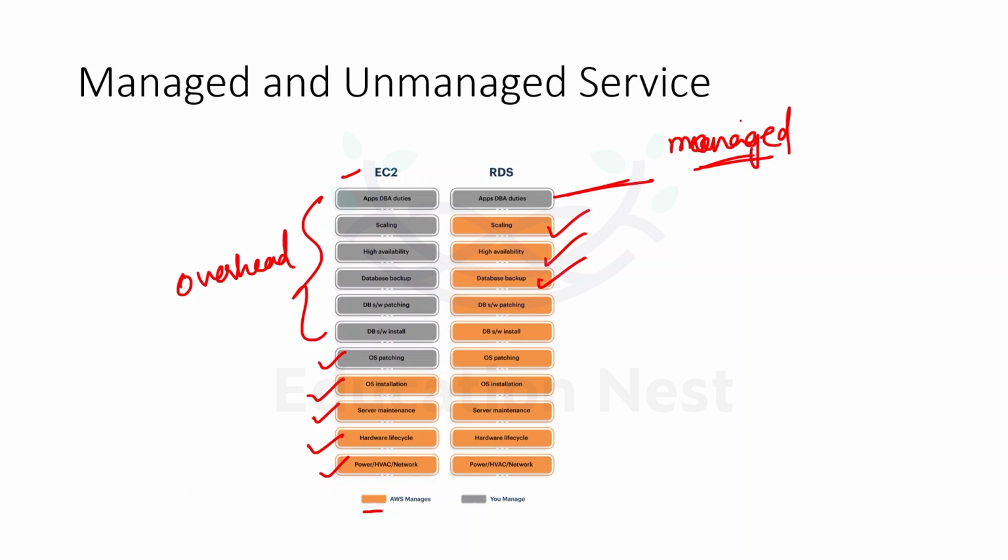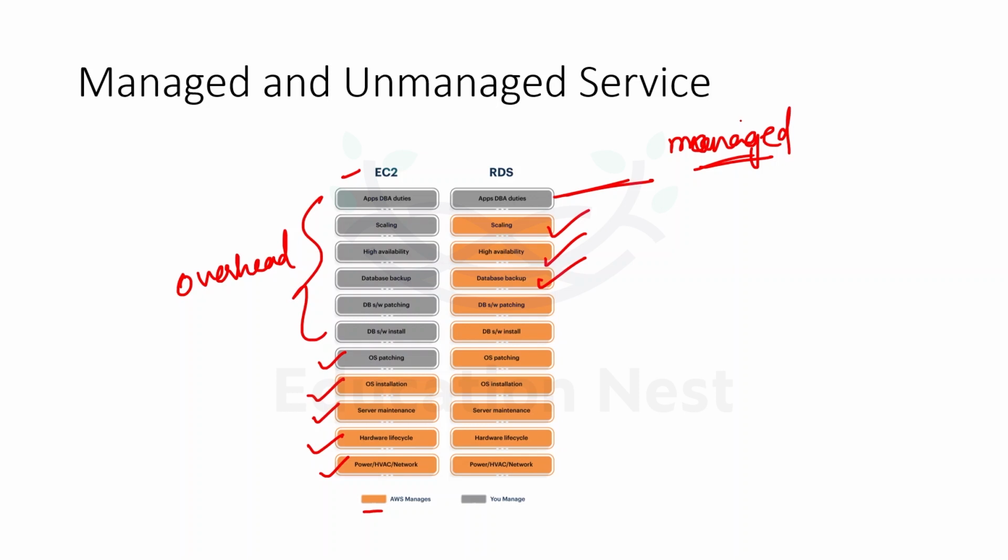The main advantage of using a managed database service is that it reduces the operational burden and the complexity of managing a database environment, and provides high availability and scalability out of the box. It allows users to just focus on their application and data rather than infrastructure management.